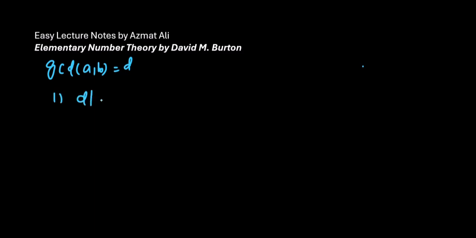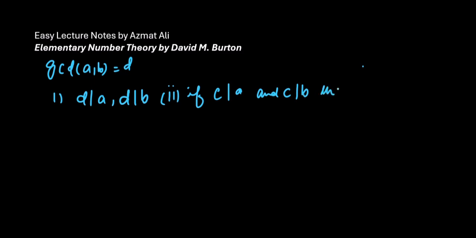D must divide A, D divides B. The condition 2 is, if C is any common divisor of A and B, then C must divide D and C will be less than or equal to D.